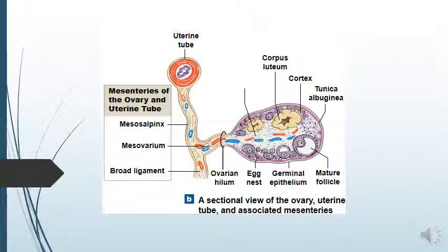And then if we look, we can divide the interior tissues of the ovary into a superficial cortex and a deeper medulla. The gametes themselves are produced in the cortex.